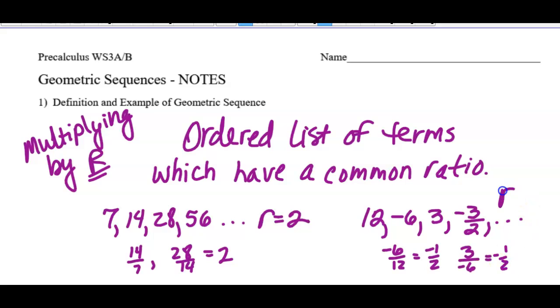Okay, so R is -1 half. Now R can also be a decimal, etc. Sometimes it's harder to identify R and you might need your calculator, and we will do some of those in a second.